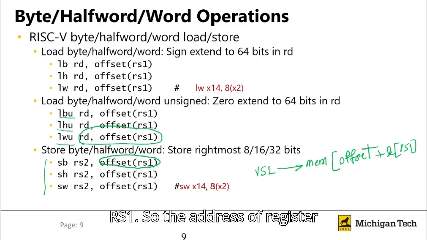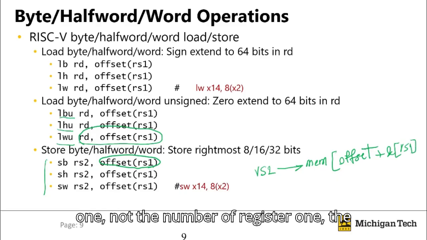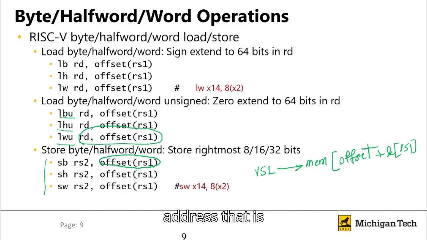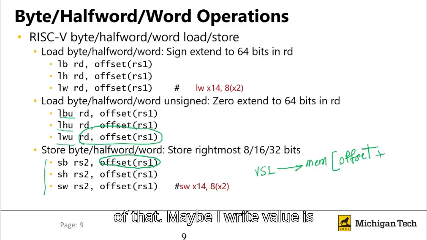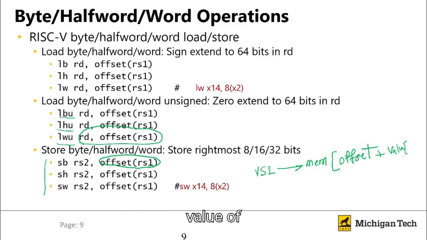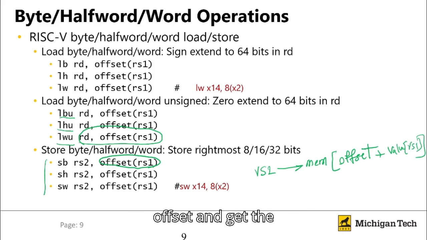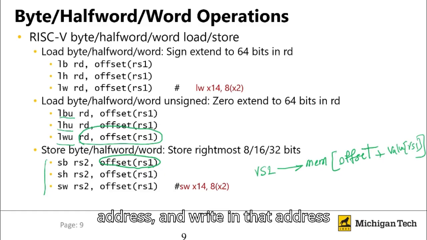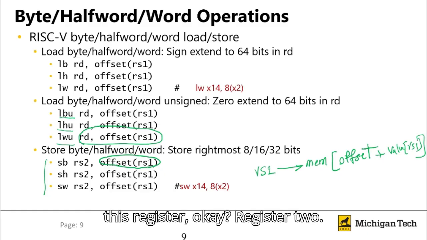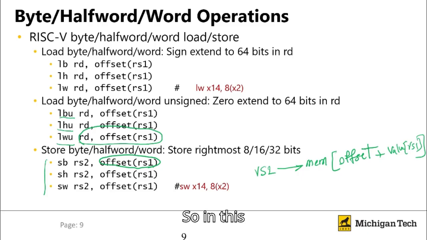So the address in register 1, not the number of register 1, the value that is there, we add that to the offset, get the memory address, and write into that address this register, register 2. Register 2 is actually 8 bytes.